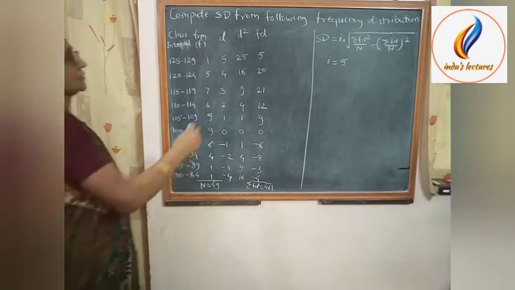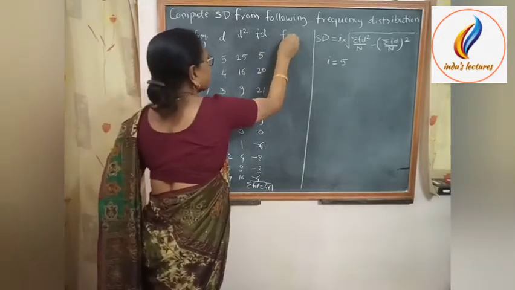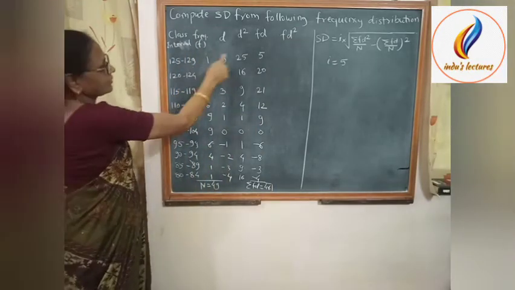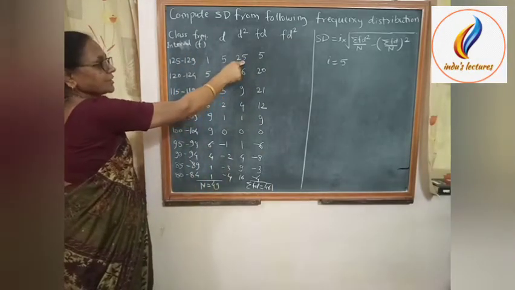Now prepare the next column, fd square. That means frequency multiplied by deviation square.